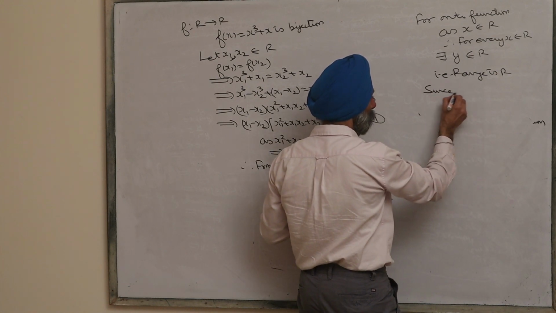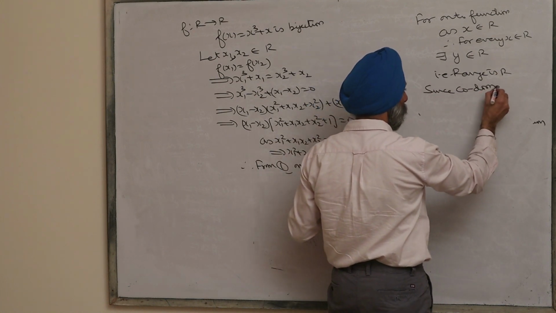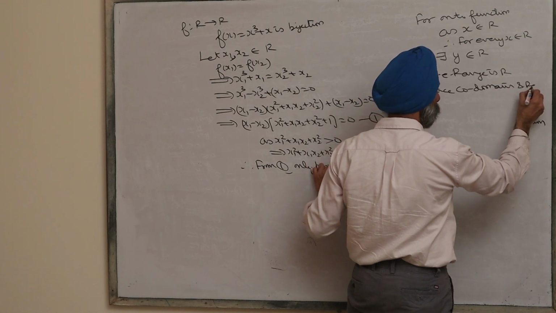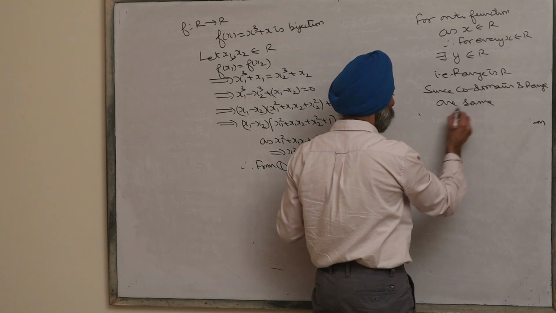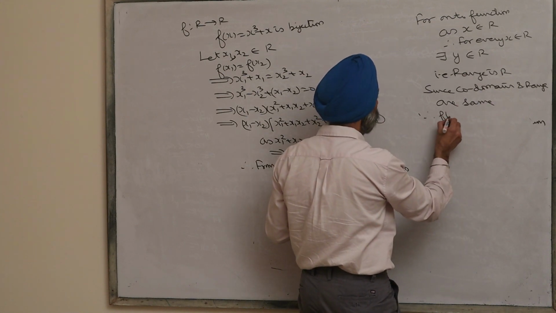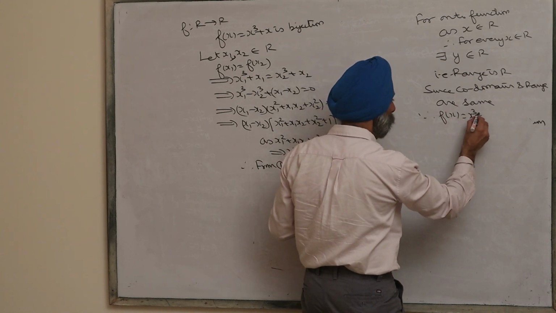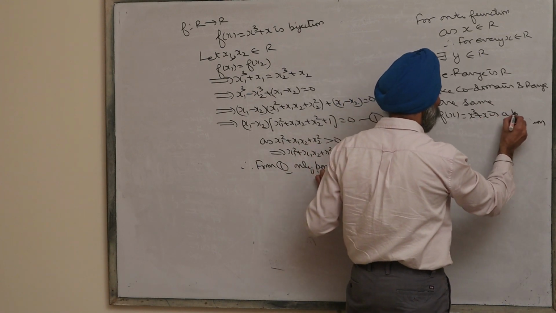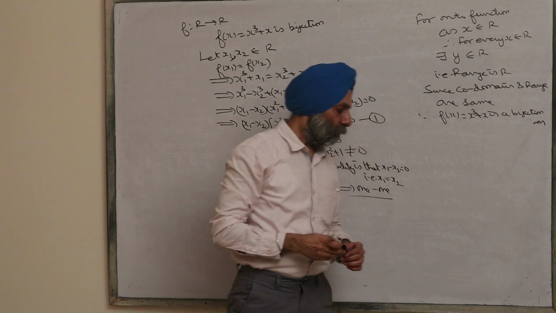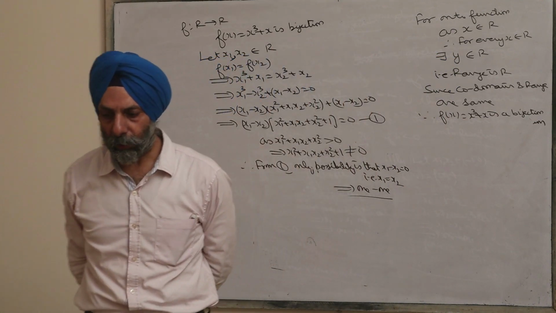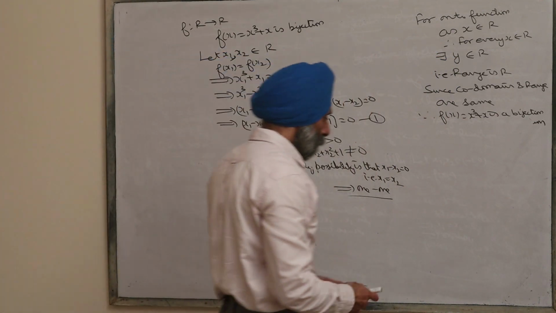Since codomain and range are the same, f(x) = x³ + x is a bijection here. That is, this function is a bijective function here, right?